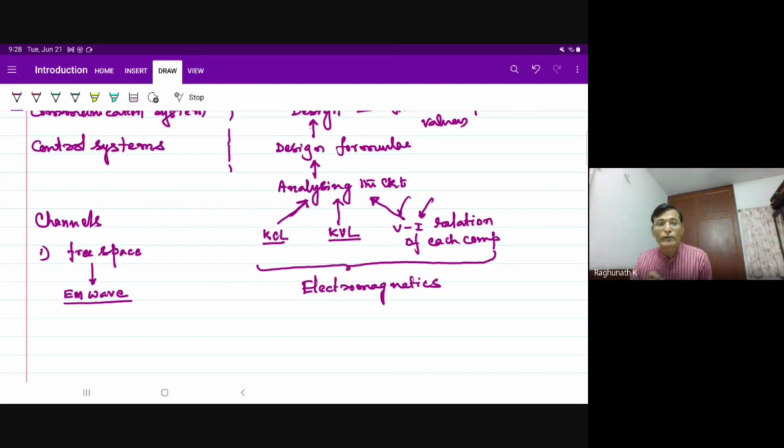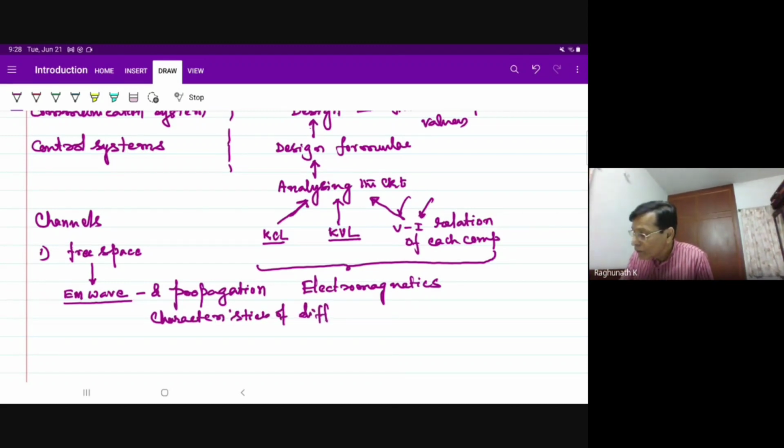We need to analyze it: EM wave and its propagation characteristics, and propagation characteristics of different media that I'm going to use. I should have studied my fundamental electromagnetics. Fine. Depending upon the attenuation constant and the sensitivity of my receiver, I will fix the amplitude of the wave to be launched into the channel. We call it link budget and all.